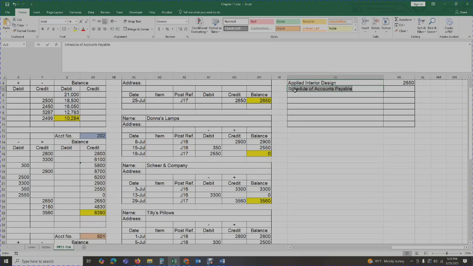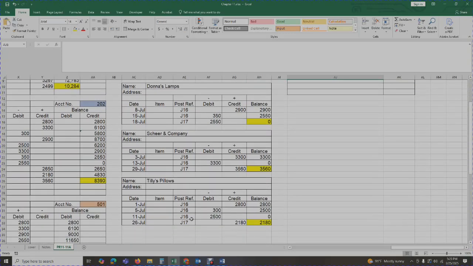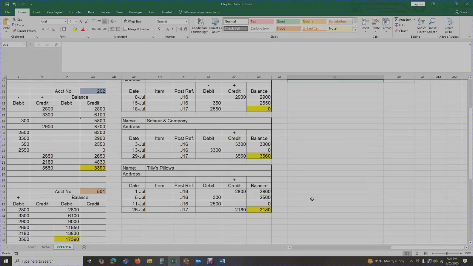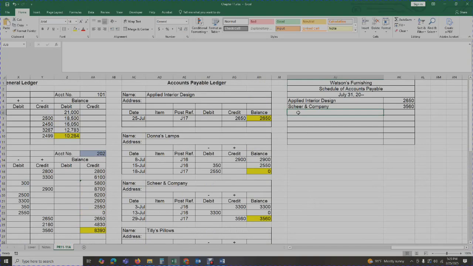Next, I'm going to have Shear and Company. And we owe Shear and Company $3,560. Okay. Next, we have Tilly's Pillows. We owe Tilly's Pillows $2,180.